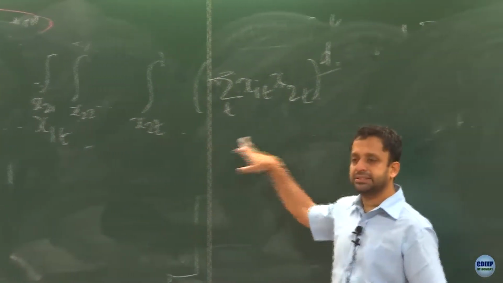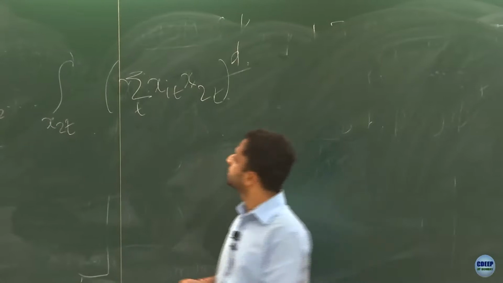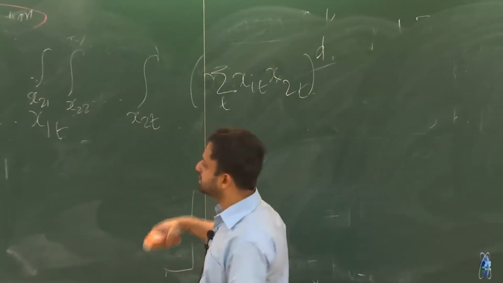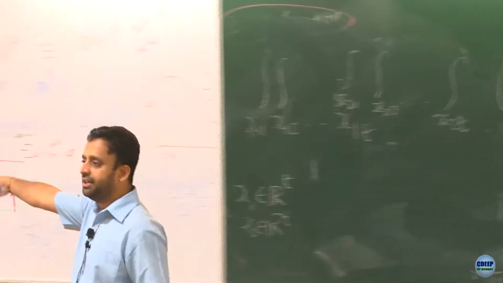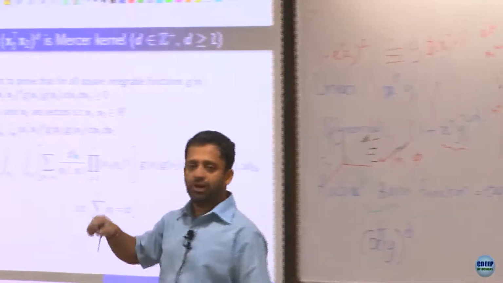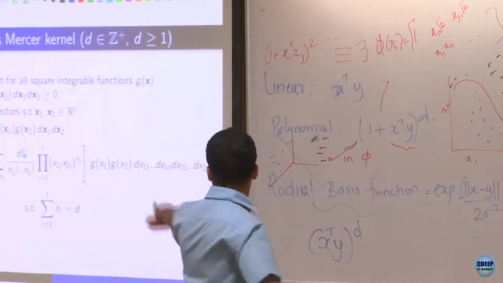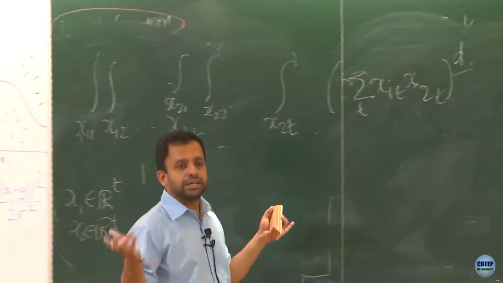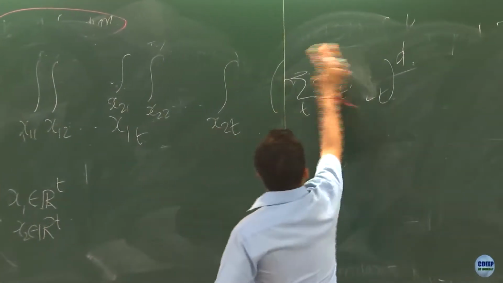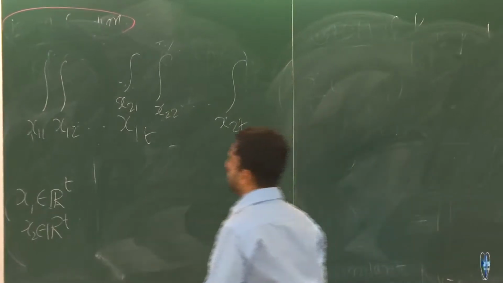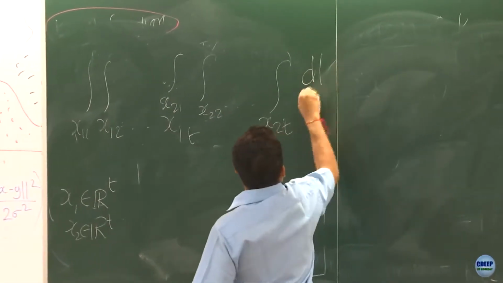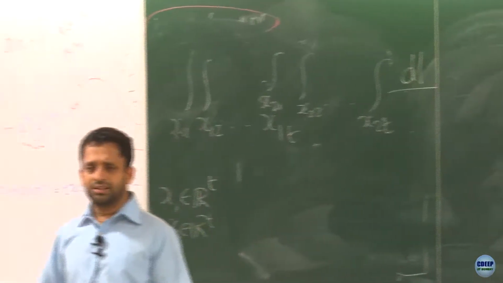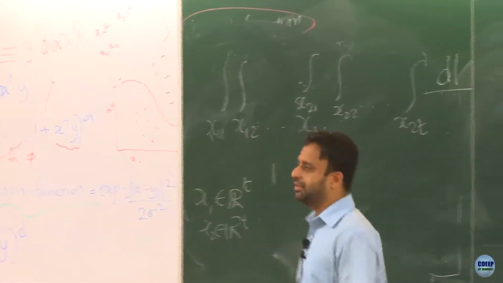But now I can expand this. What will the corresponding terms be? d factorial divided by n1 factorial, n2 factorial, up to nt factorial, times the product of x1j x2j raised to nj. You have done combinatorics, right? This should have been covered in discrete math.